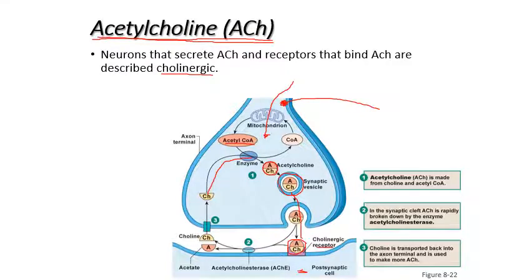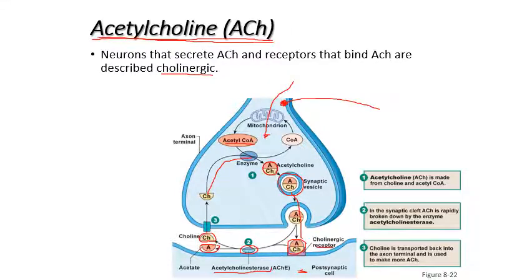So with neurotransmitters, we don't want them constantly here. If this was at your muscle and the acetylcholine was just hanging out here for long periods of time, your muscles would stay contracted. So to get rid of the signal, there is an enzyme, acetylcholinesterase, and you can see what it does. It cleaves acetylcholine back into the acetate group and the choline.